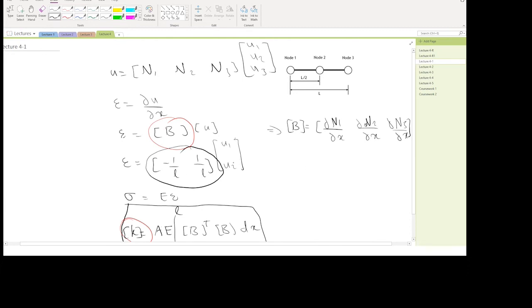And then, of course, this is not going to be like that. So I'm going to remove this for the time being.